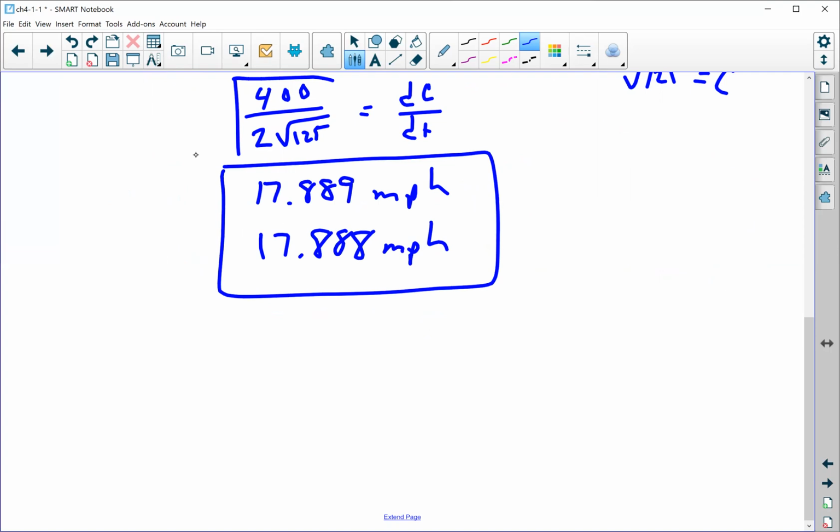Either of those solutions is acceptable on the AP exam.